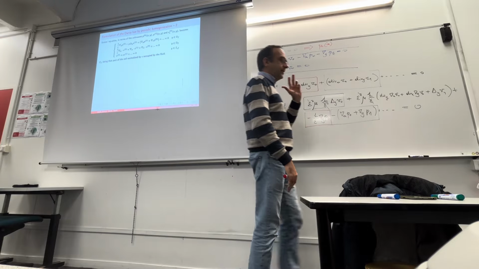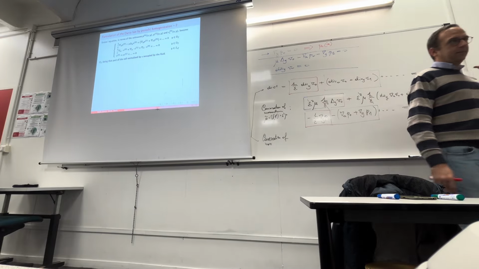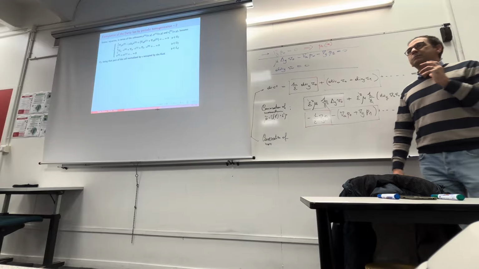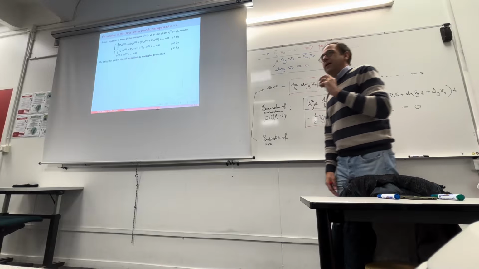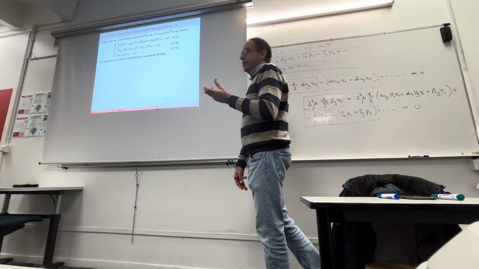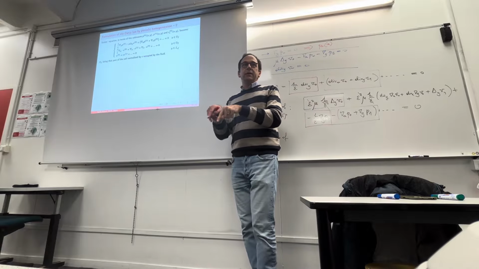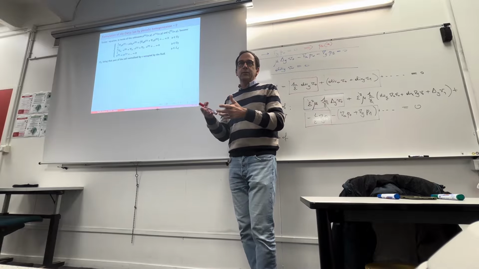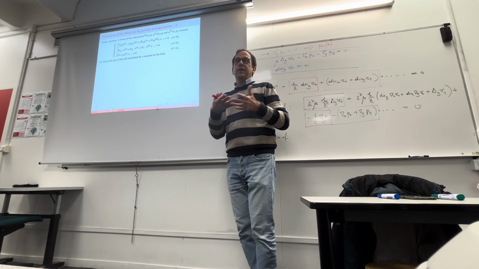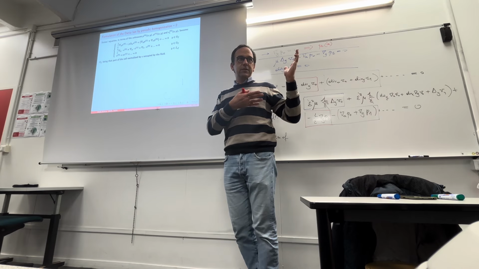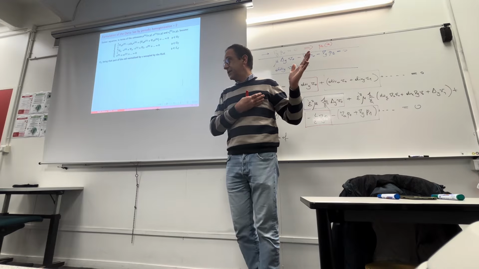So you should start recognizing something. This p naught is a pressure that doesn't depend on the microscale variable. So it is what we have called, in our previous discussion, the macroscopic scale pressure.